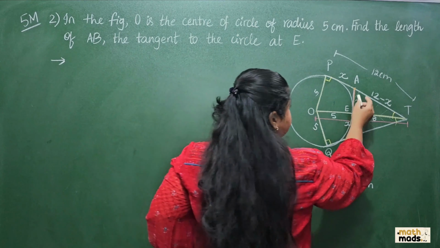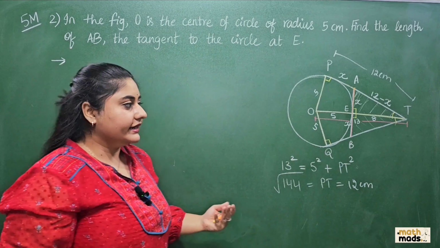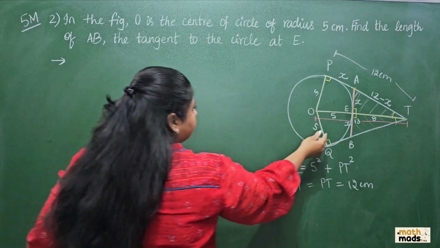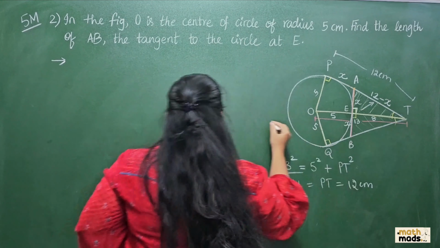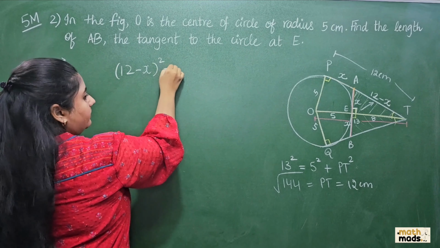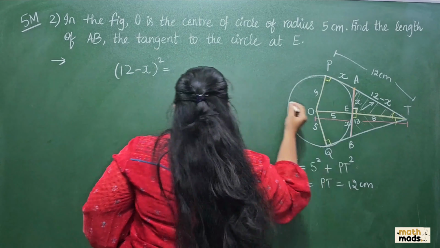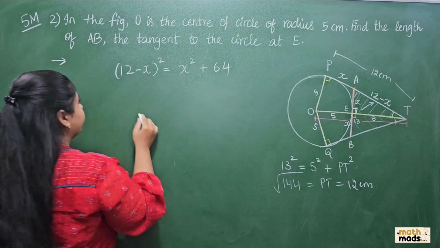So now let's take this triangle AET. It is a right angle triangle, so I can apply Pythagoras theorem. Since this is the right angle, the opposite side is the hypotenuse, that is 12 minus x whole square will be equal to x square plus 8 square, that is 64. So let me expand this.